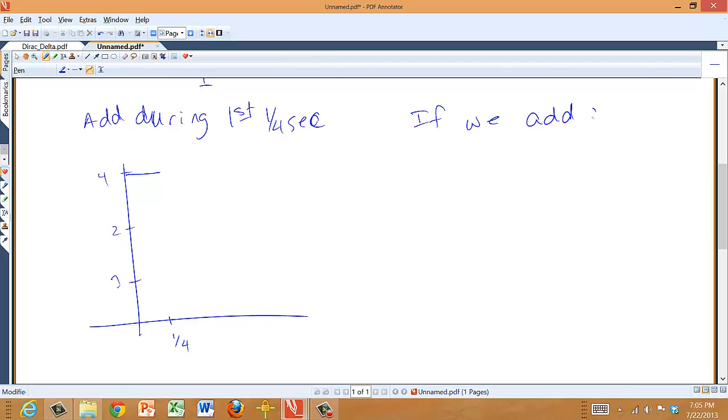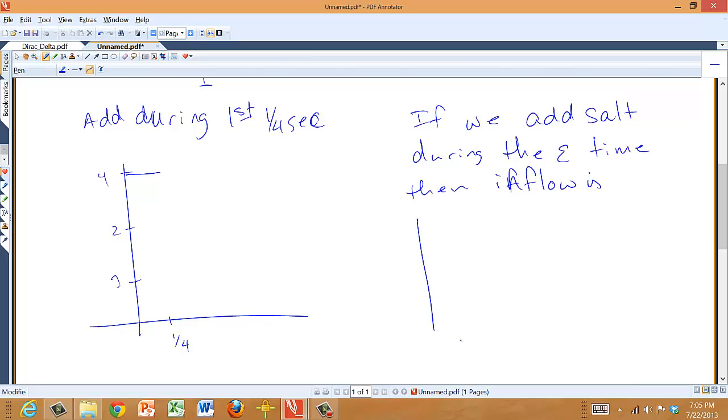So if we add salt during the first epsilon time period, then the inflow rate, let's see, we're adding salt during the first epsilon time period.